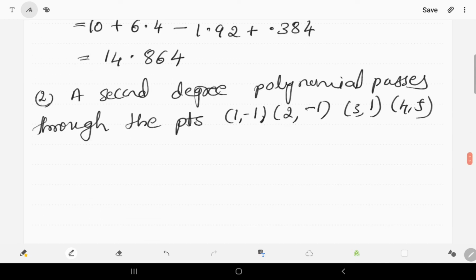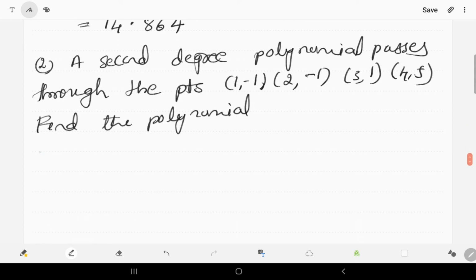Find the polynomial. First, let us construct the difference table.